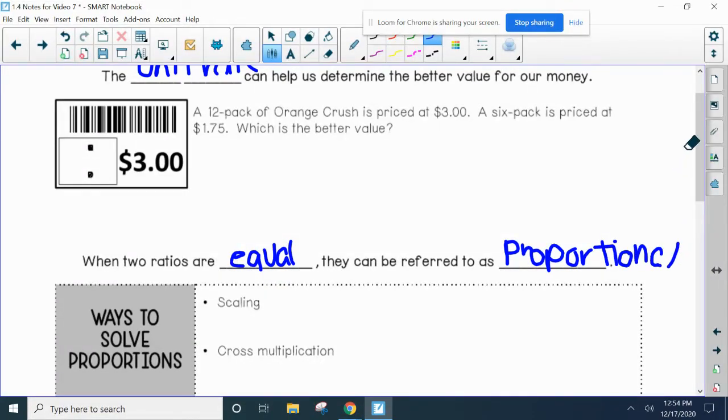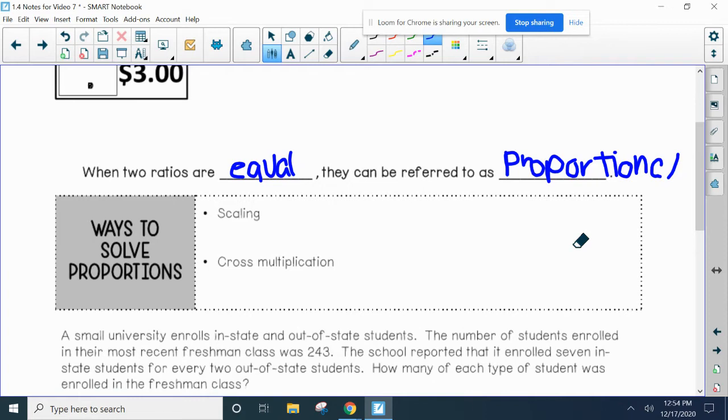All right, so I'm going to explain 2 different ways to solve proportions. So I'm going to go ahead and give you a proportion. So let's say this is our proportion. X to 4 is equal to 9 to 12.